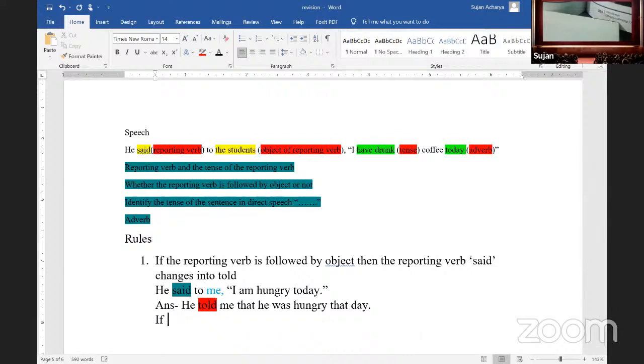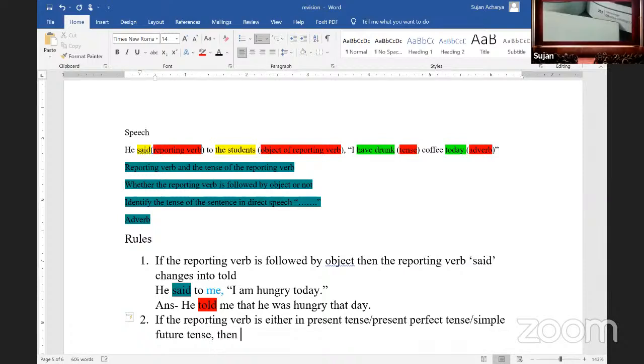Now, the next one. If the reporting verb is either in present tense, present perfect tense, or simple future tense, then the tense of the sentence in direct speech remains unchanged.